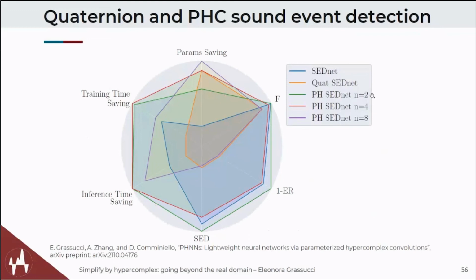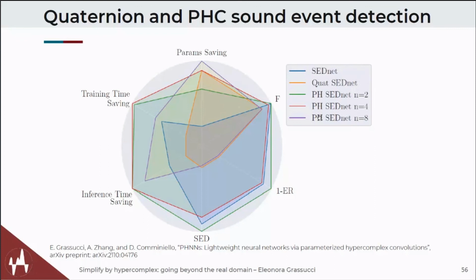The n equal to 2 configuration has 800K parameters, but the n equal to 8 has only 200K parameters. So a very, very small network.